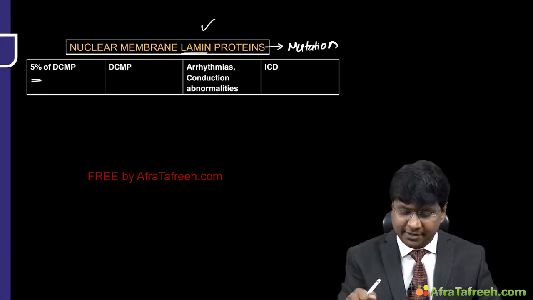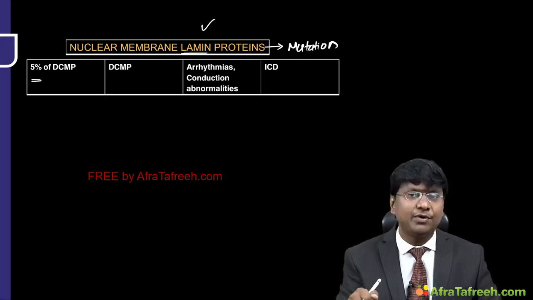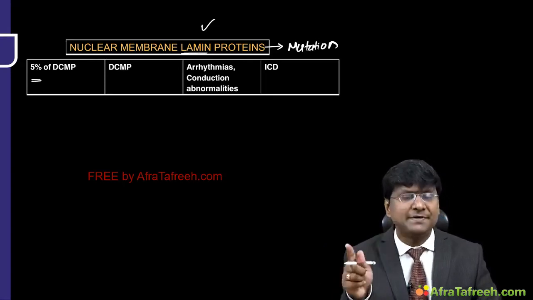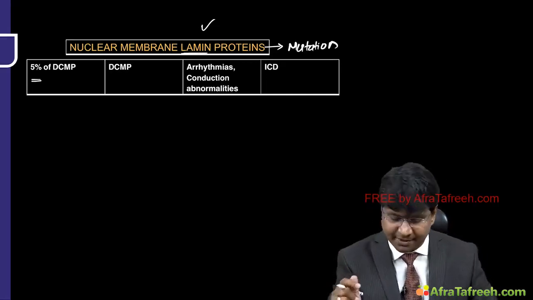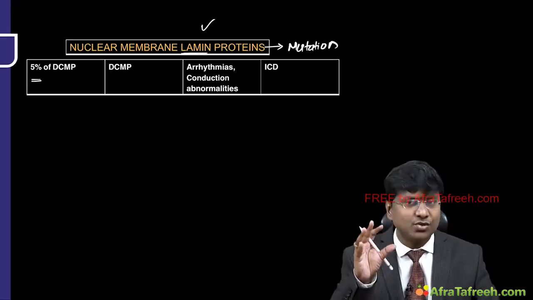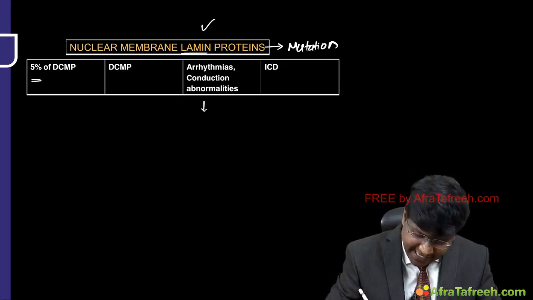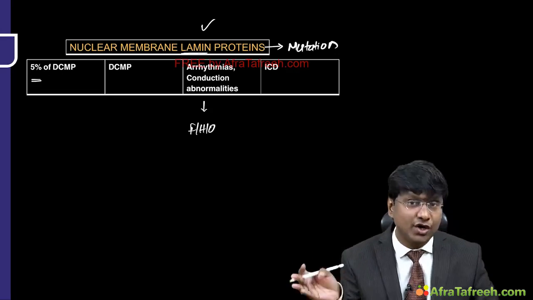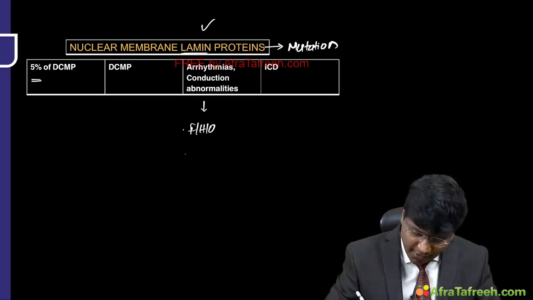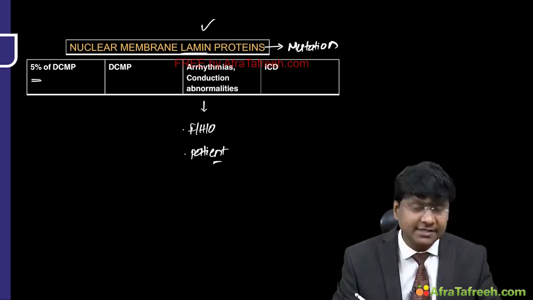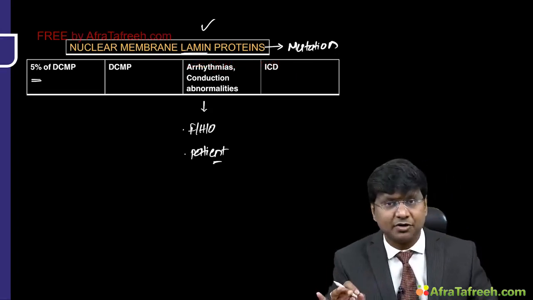And what is the very important history in these patients? They have either a family history of arrhythmias, or the patient himself will have a history of arrhythmias or conduction abnormalities.